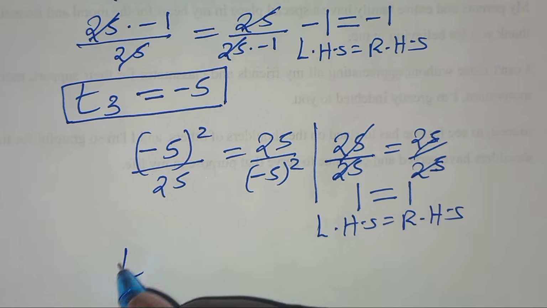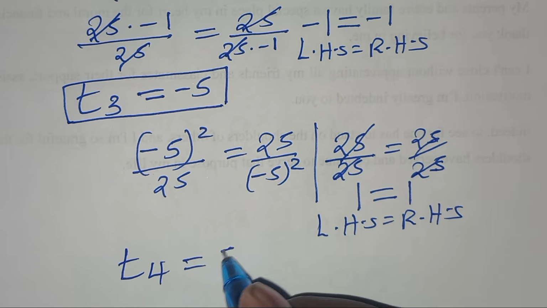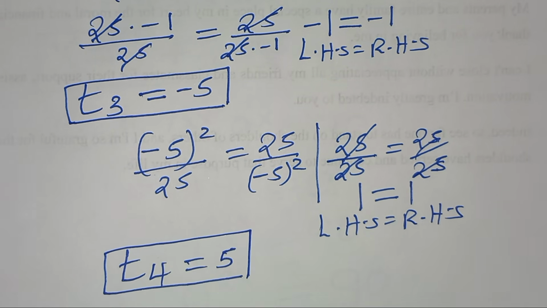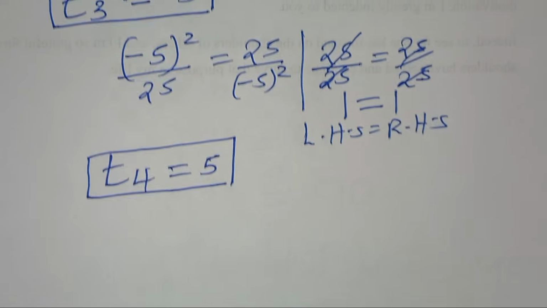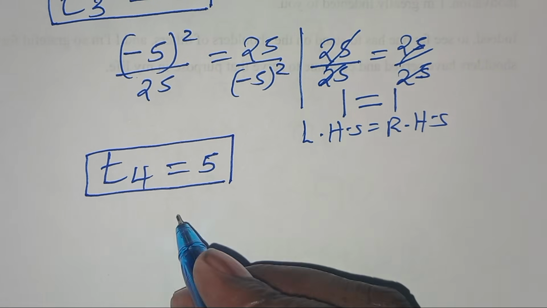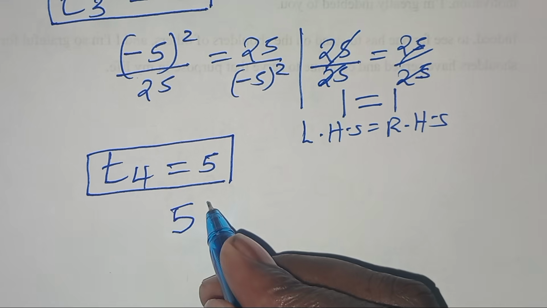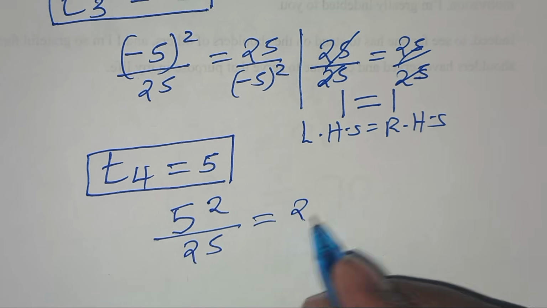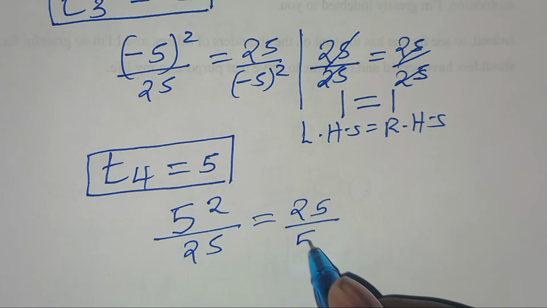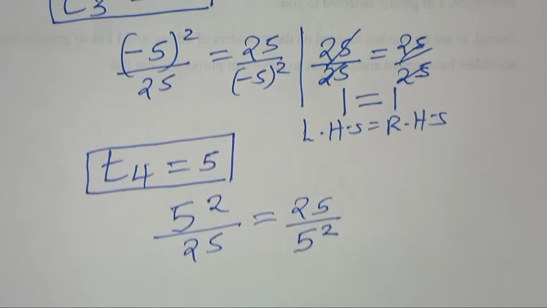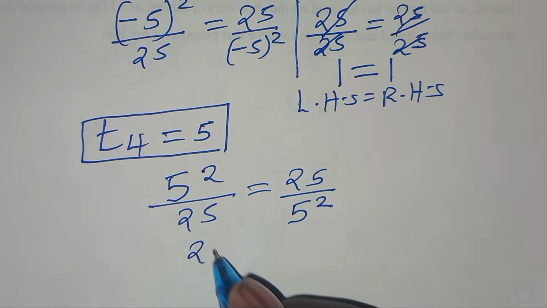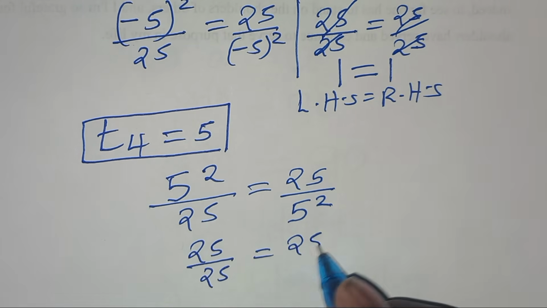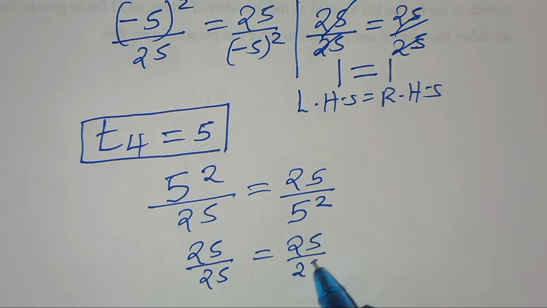Now let's check if T4, which is equal to 5, satisfies the equation. So that means that we have 5 to the power 2 divided by 25 equal to 25 divided by 5 to the power 2. So 5 squared is 25 divided by 25, equal to 25 divided by 5 squared, which is 25.